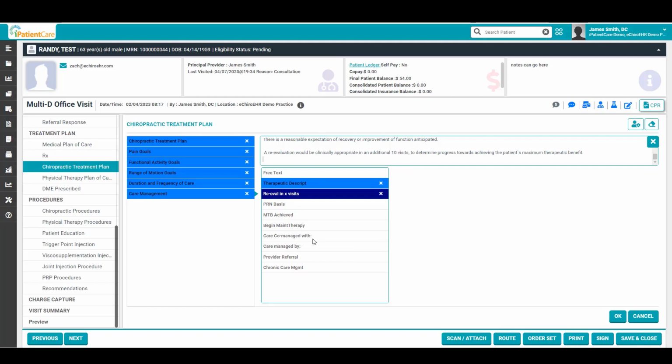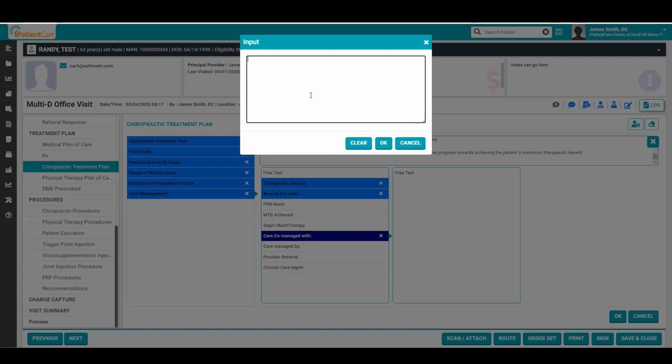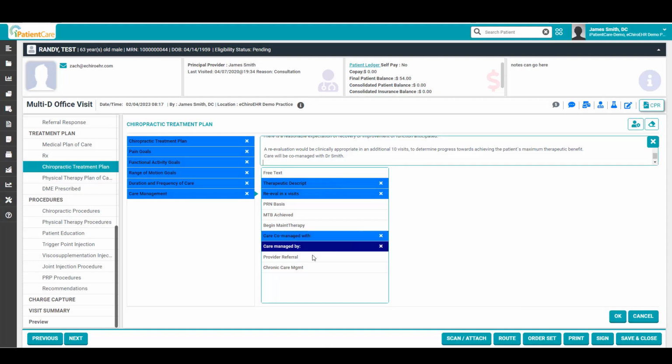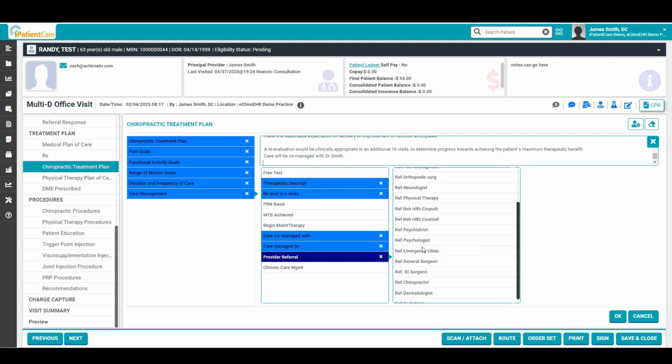So dropping down, is there co-management with another provider? And who is that provider's name? And who is the care managed by? Is there a provider referral, like for a second opinion or primary care referral?